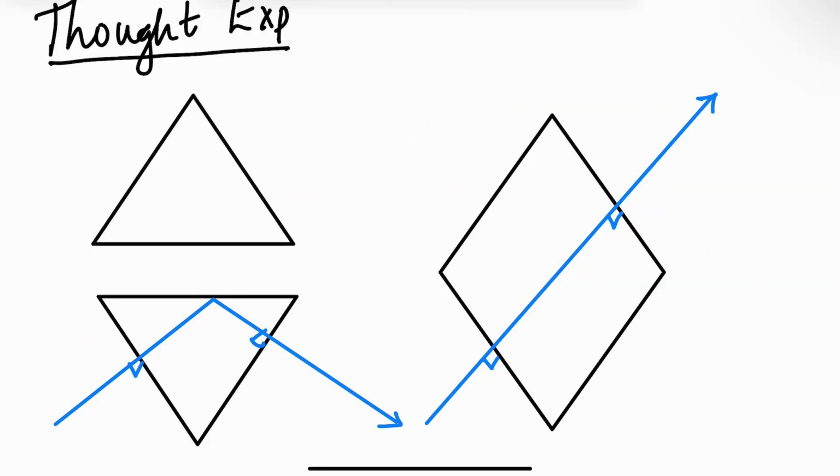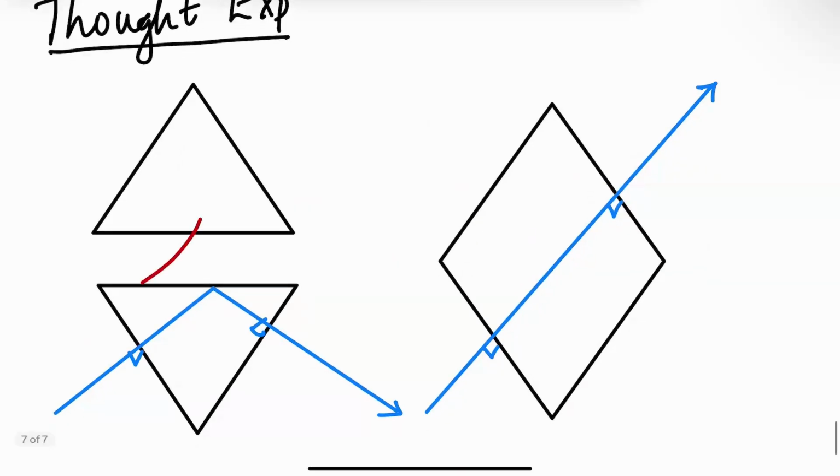Because if I go back to this guy, when I have an evanescent wave that's decaying here, then some of that evanescent wave enters this other prism and starts to propagate in this direction. Okay?